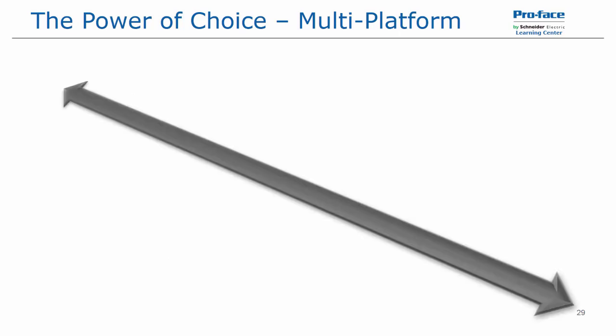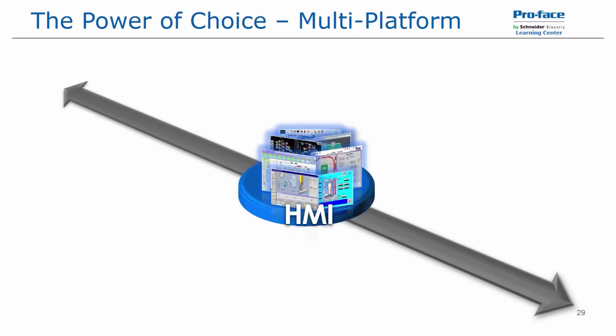Blue Open Studio is multi-platform. That gives us the power of choice. And what we mean by that is, let's say that there is a spectrum, and the spectrum is just a range of devices and operating systems of what Blue Open Studio can run on. A single development station can program and deploy a single application or multiple ones that fulfill the needs of any customer. So let's say on the spectrum, in the center we have the HMI group. And these could be dedicated HMIs or industrial PCs that are running HMI software.